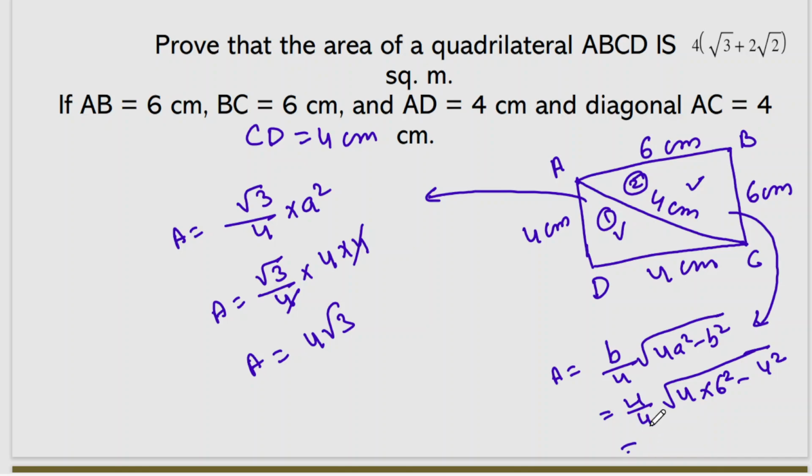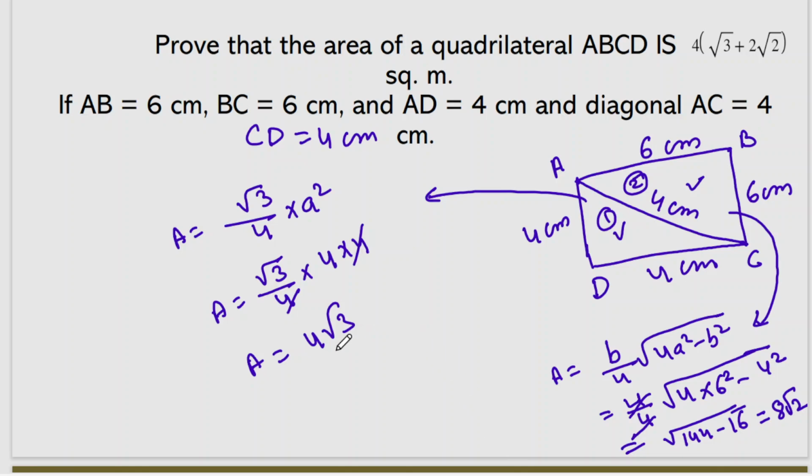Now you can see you will cancel this out, so you will be left with 36 into 4, that is 144. 144 minus 16, so under root 144 minus 16. So what you will get? The value finally is 8 root 2.